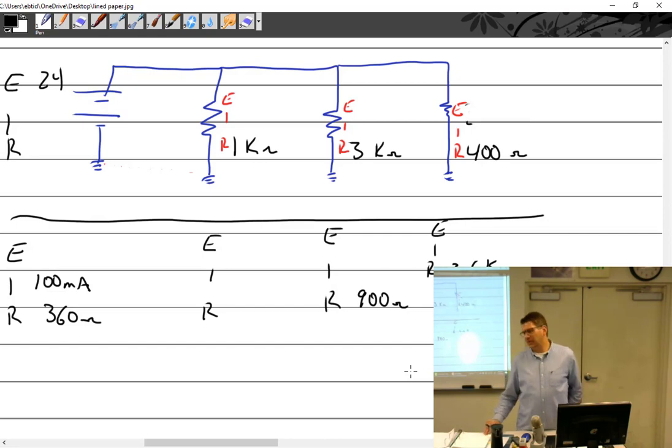No, I do not dock points, because right is right. 0.008 is the same as 8 milliamps, as long as you put the amp. But if you put nothing, then you get it all wrong. As long as you put the suffix, like I did right here.